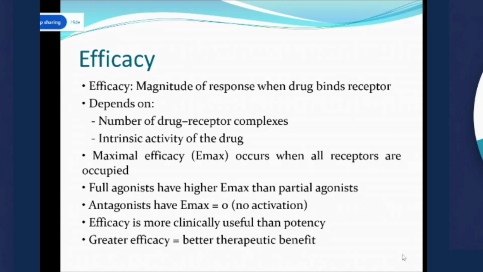The partial agonists, which will activate the receptors but to an extent, not fully, or the inhibitors. And you have said there that efficacy is more clinically useful than potency. The greater the efficacy, the better the therapeutic effects. So that's a take-home message.